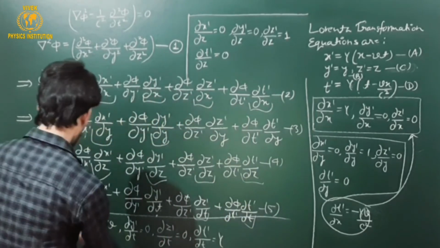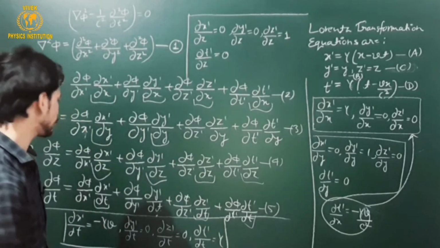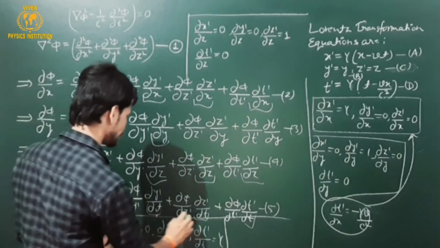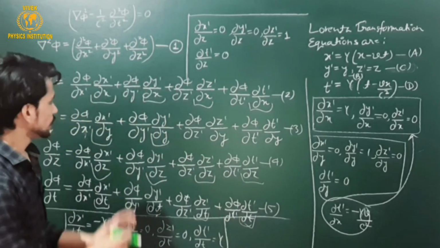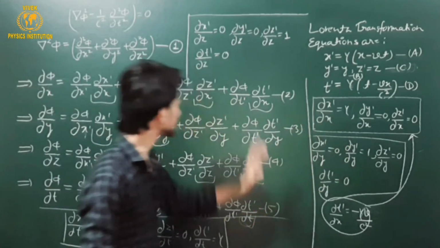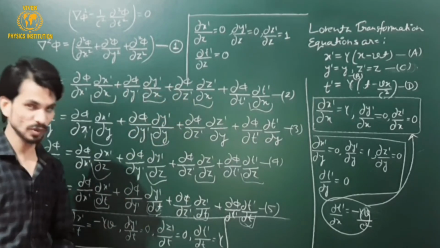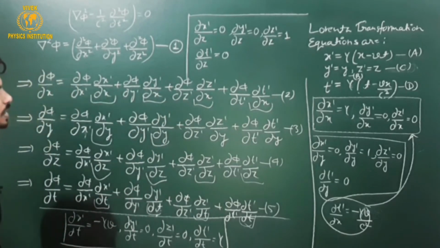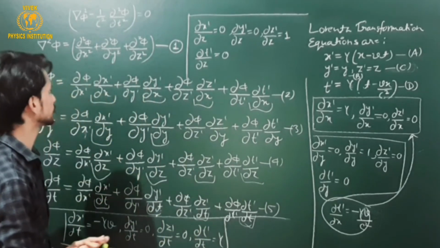Okay, so up till now I have got the values of all these factors that I will be using later. Now let me put the values of this one, that one and this one in all the equations 2, 3, 4 and 5.